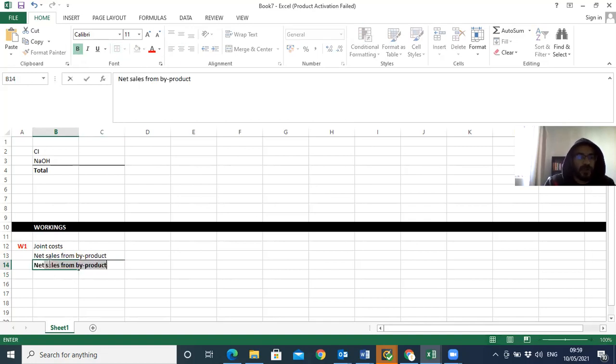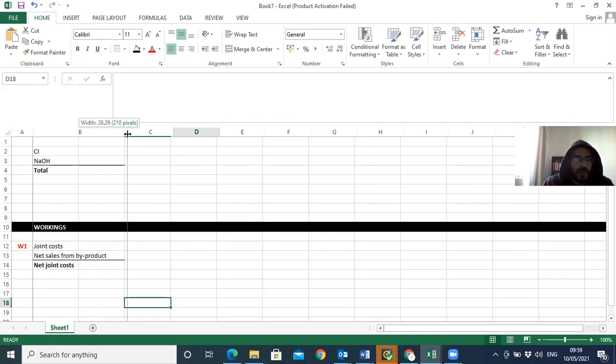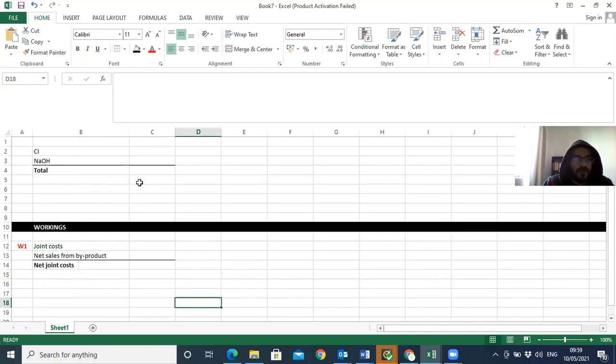Our net joint costs will be allocated to our joint products. So this was given, 480.